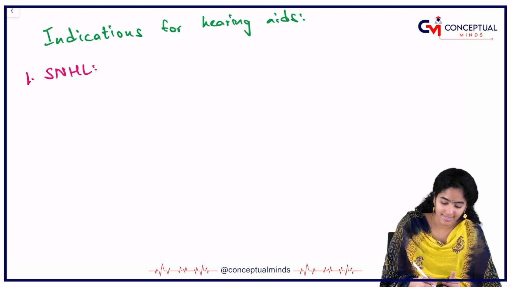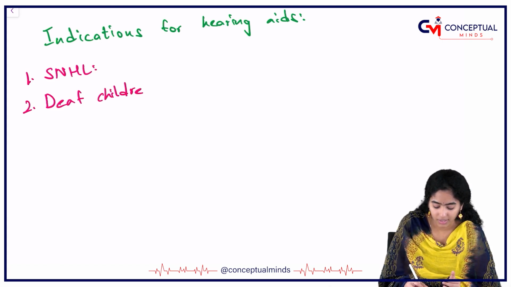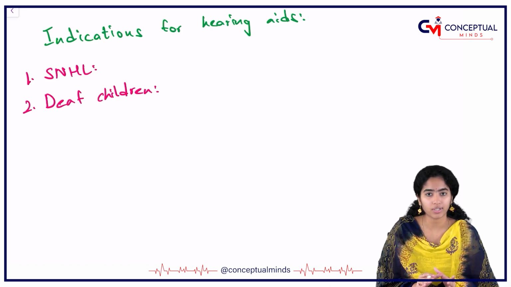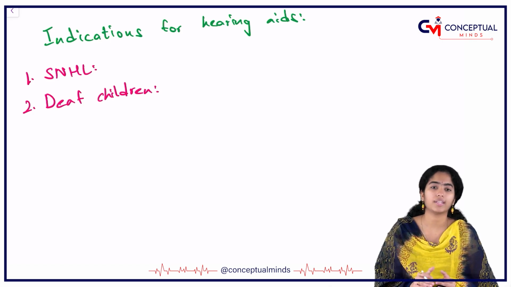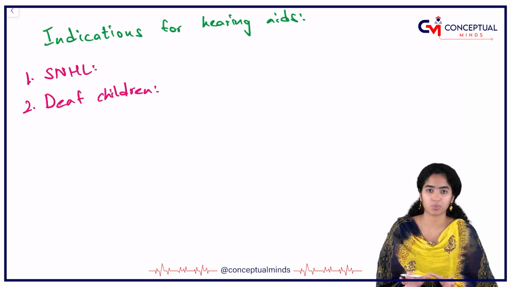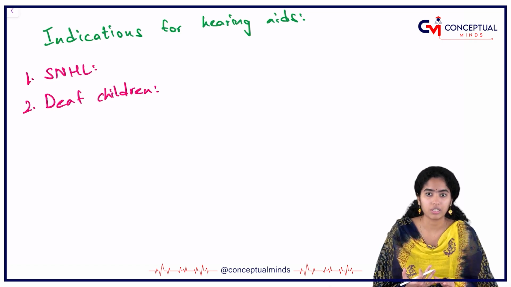Okay. Next, second scenario is deaf children. Now we have learned hearing loss in children as a special topic. What makes it very important? Because their development of speech and learning is dependent on their hearing capacity. So it's essential that we rehabilitate children as early as possible, preferably before their speech learning occurs.